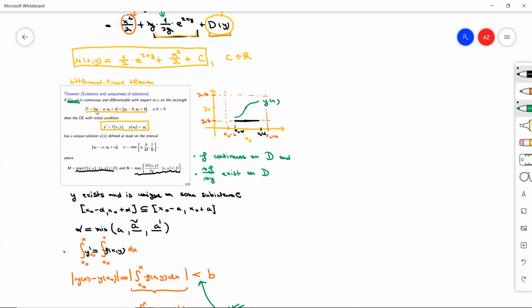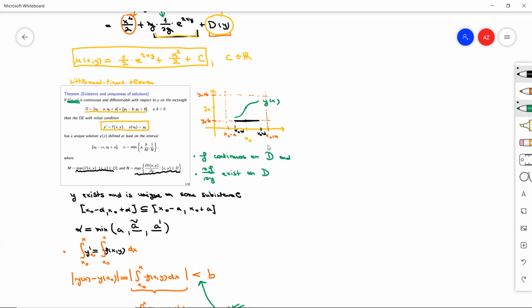So the message of this theorem is that when we pose such a differential equation of first order with initial condition, we always have a solution. So such a system is always solvable, but maybe we should shorten, narrow our interval a little bit.